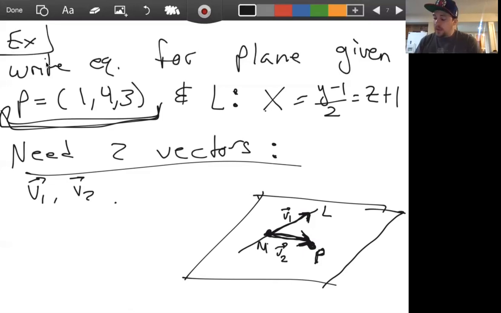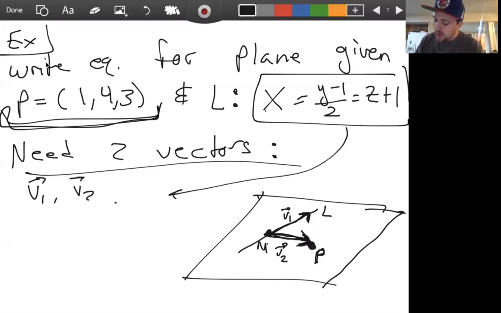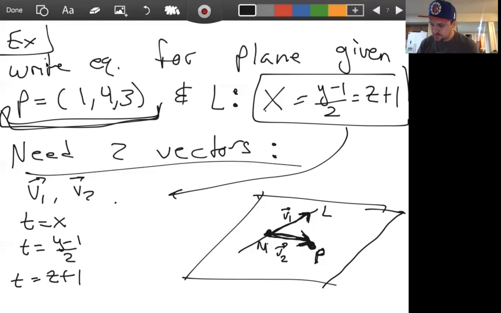Well, we can use the equation of the line directly to get the direction vector, right? These are symmetric. So if we want to go backwards to parametric equations, we know that these are all equal to t. So we have t = x, t = (y - 1)/2, and t = z + 1. So to go backwards now, well, the first one's easy.